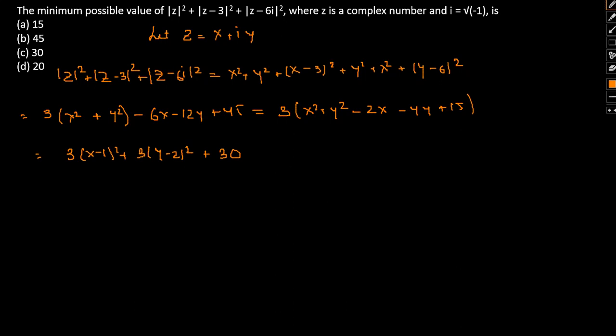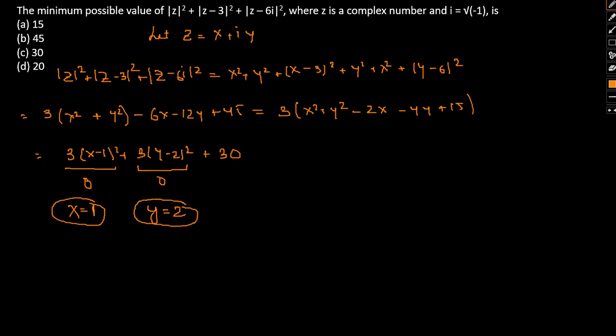Okay, so suppose now if we talk about this entire term, the minimum value will simply be when this particular term is equal to 0 and this particular term is equal to 0. So (x − 1)² will be 0 when x equal to 1, and (y − 2)² will be 0 when y equal to 2.